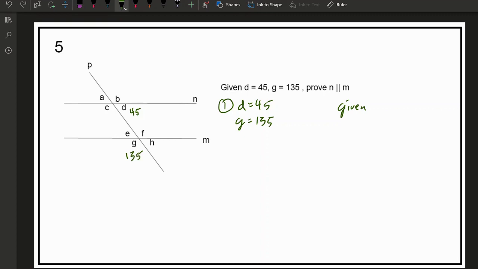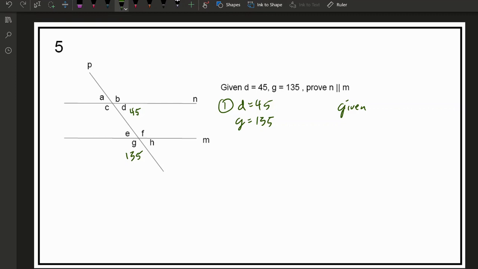Now this one's kind of weird because they are not corresponding angles. They're not any of my other angle pairs, so the angles as they are right now don't do any good for me. So what I have to do is use those angles to find another angle that's going to help me. There are lots of different ways to do this.